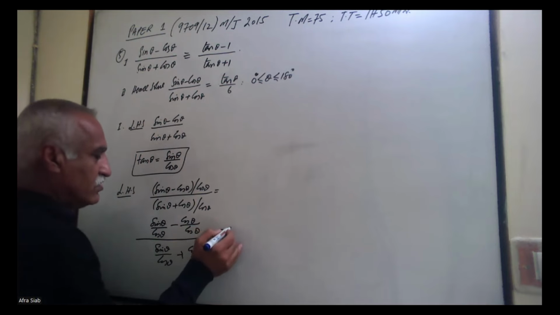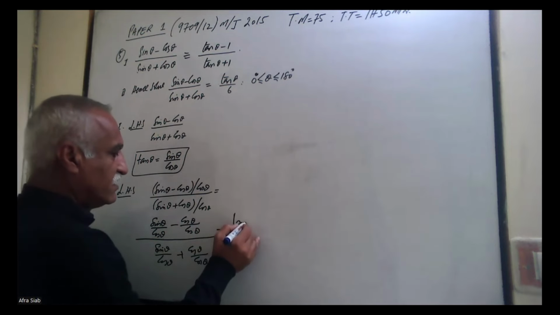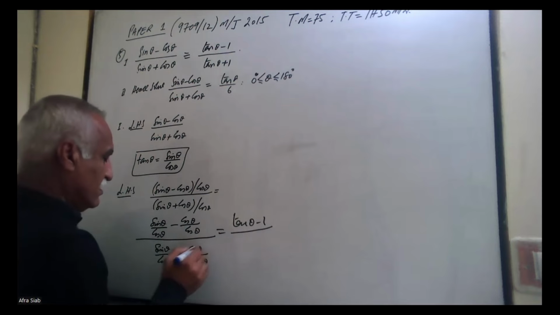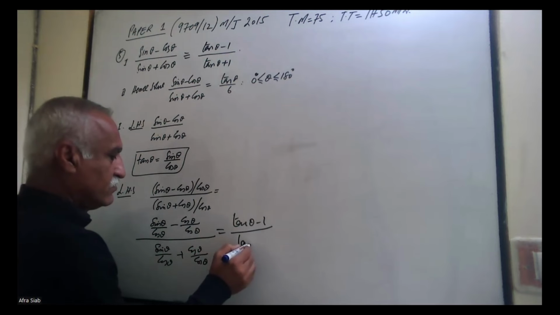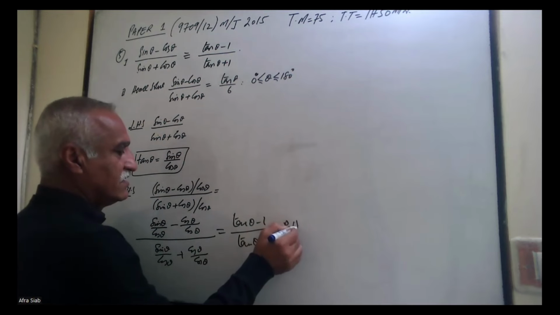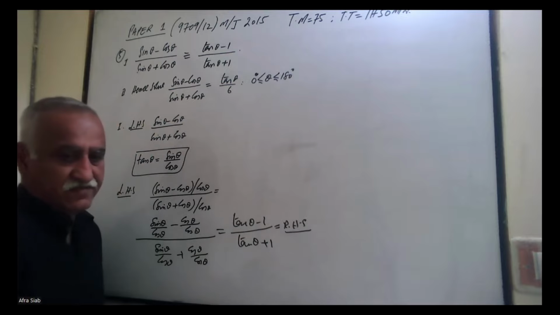This is equivalent to (tangent of theta minus 1) over (tangent theta plus 1), and that is the right hand side of this expression.